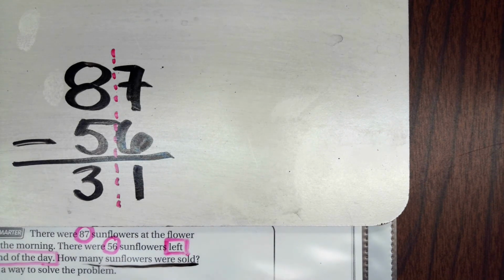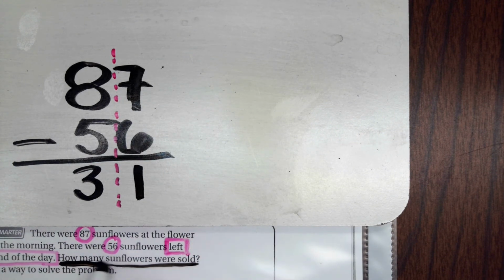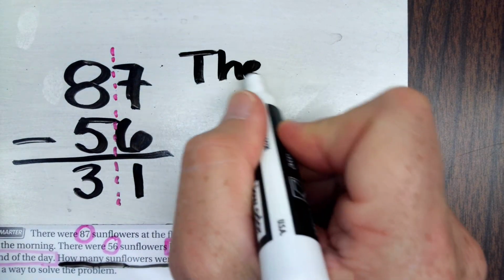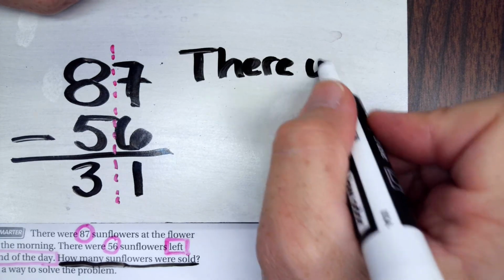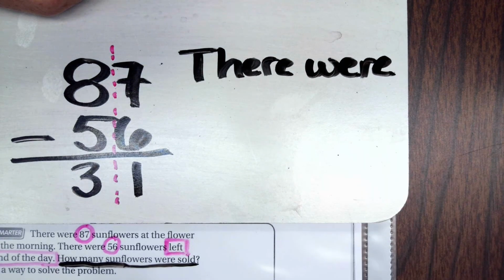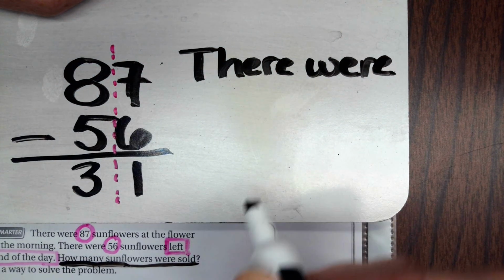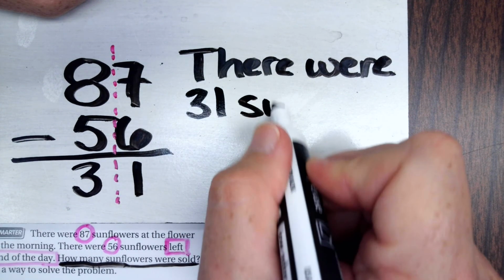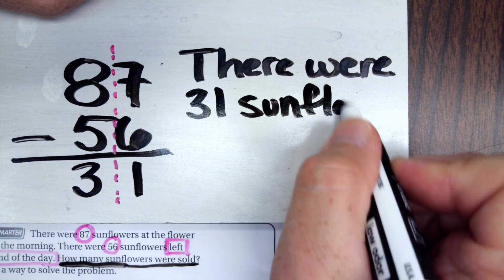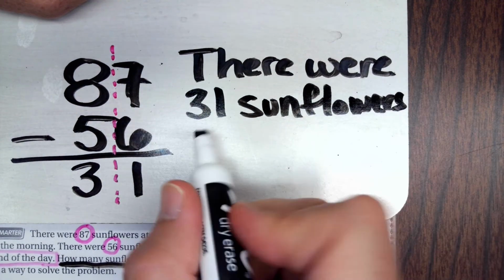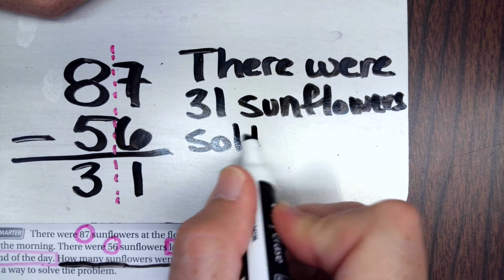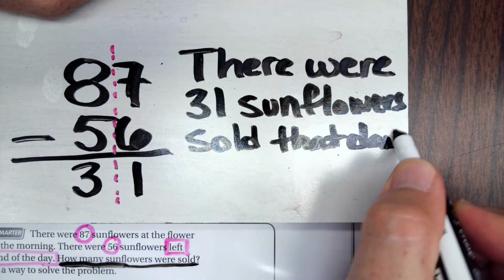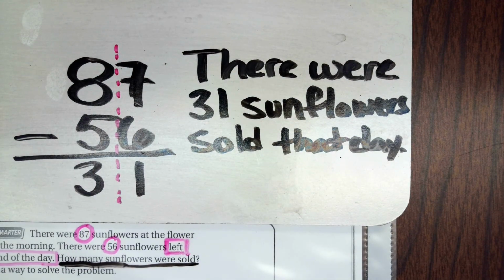So I can answer in a sentence: there were 31 sunflowers sold that day. Or, there were 31 sunflowers sold.